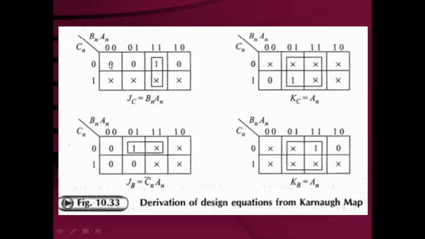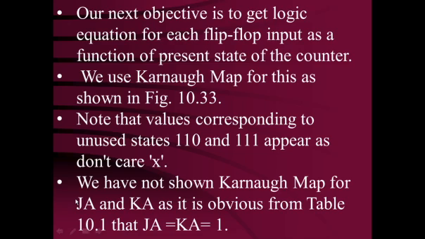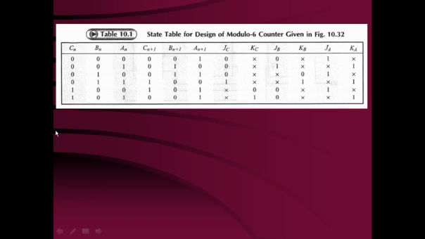You can see that. Now if Bn is equal to 0, An is equal to 0 and Cn is equal to 0, then what should be JC, that you can again obtain from the same state table, and it was 0, so here the location is going to be 0. You see that for the first 4 conditions Cn remains 0 and for the last conditions Cn is going to be 1.